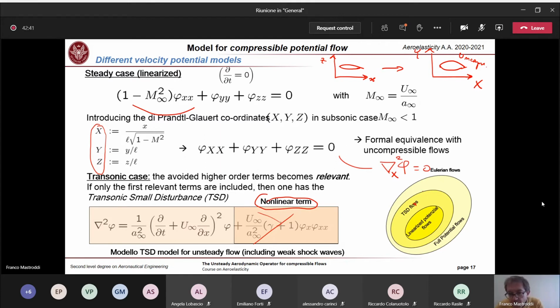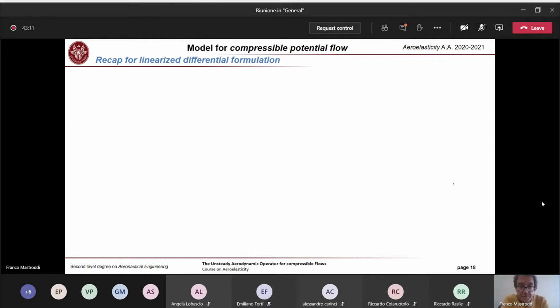If you include only the linear term, after this description, you can't talk about a potential flow. You have to expand the hypothesis of your flow, and then you are obliged to consider Eulerian flow, Euler equation, or better, Navier-Stokes equation.